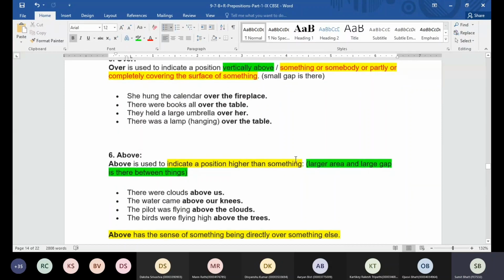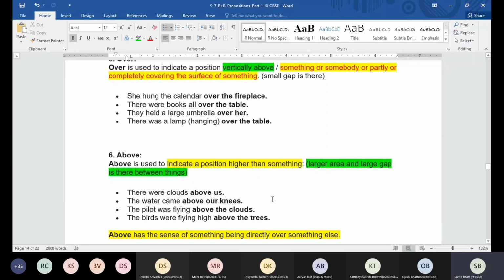And above is going to be used when there is a large gap between two things. Above is used to indicate a position higher than something, and larger areas and a large gap are talked about. Like, there were clouds above us. If you talk about a tree, there will be a slight gap between you and the tree. But if you refer to clouds, there will be a huge gap. The water came above our knees.